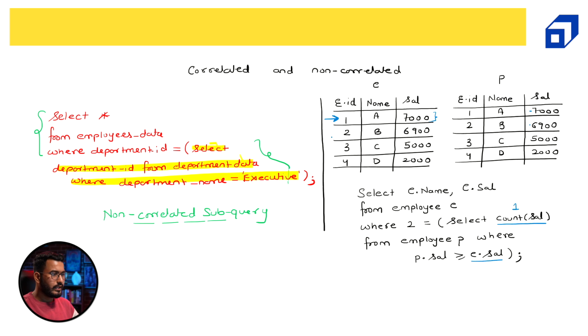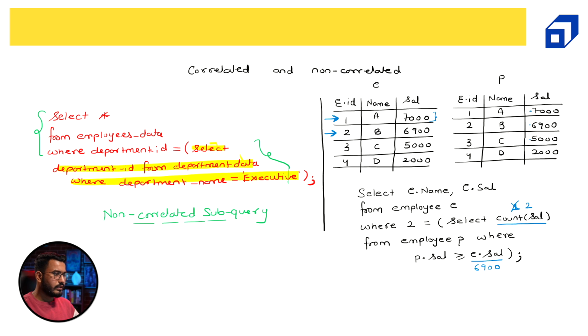Now I have to move to the second row. Now my entry value is 6,900. Now I will compare whether 7,000 is greater than or equal to 6,900. I'll get 1, yes. Whether 6,900 is greater than or equal to 6,900, yes. So instead of 1, I'll get 2.